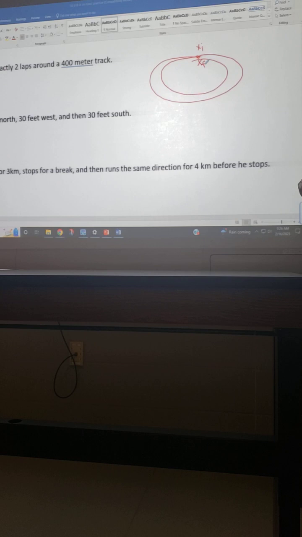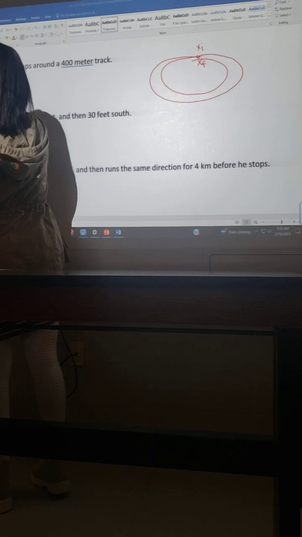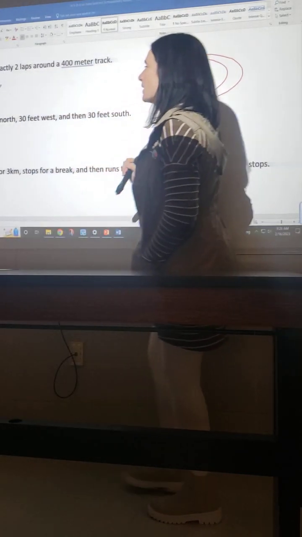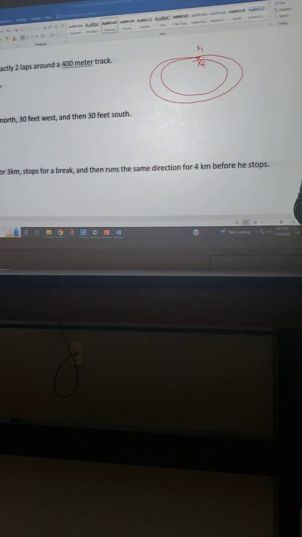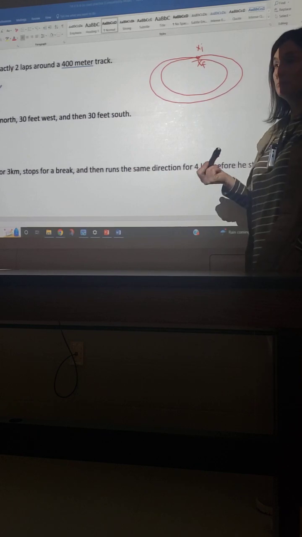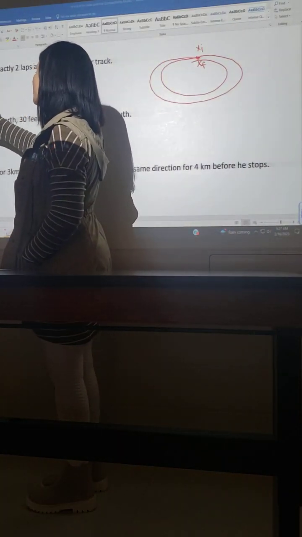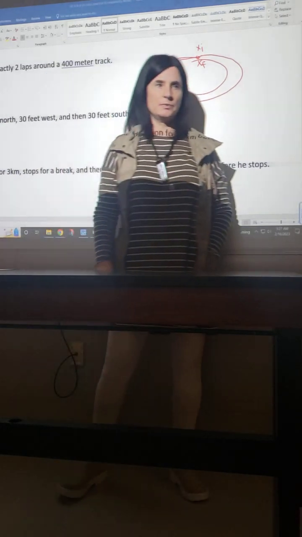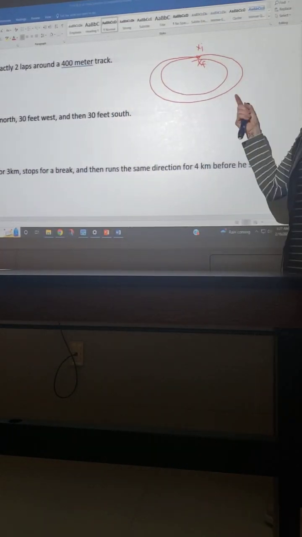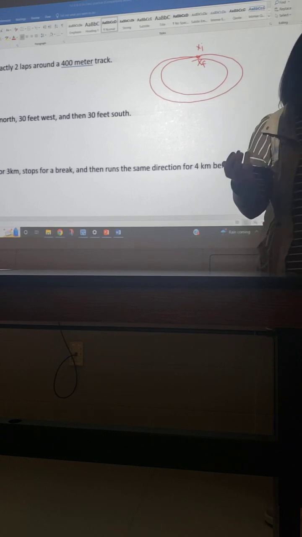How far, what was his total distance, Billy? 800 meters. Okay. All right. What is the displacement going to be, Brookston? 0. Good, because your XI and your XF are the same. So anytime that's the case, you have 0 as your displacement, which is really good because in a circle, you have actually faced every single direction, right?